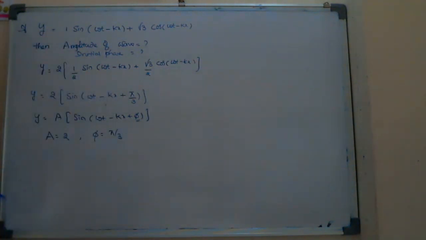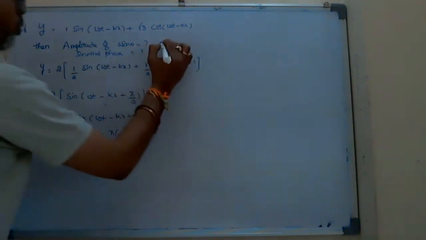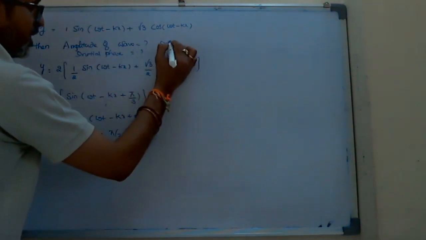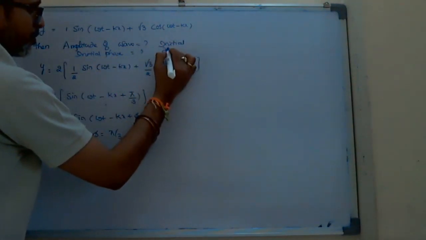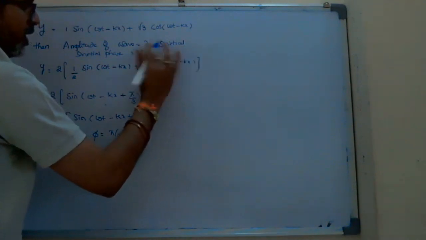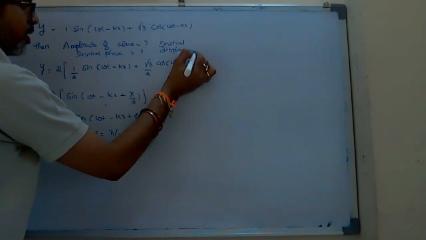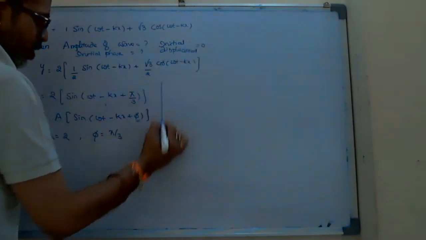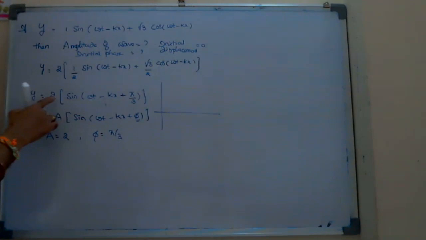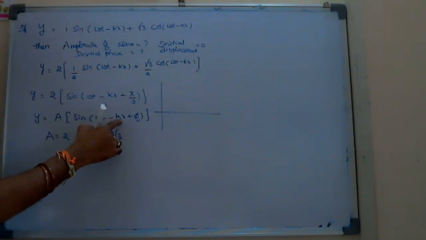Second part. And also suppose if they ask, find out what is the initial displacement. Initial displacement means what we are seeing here. It is not like A sine omega t minus kx now.